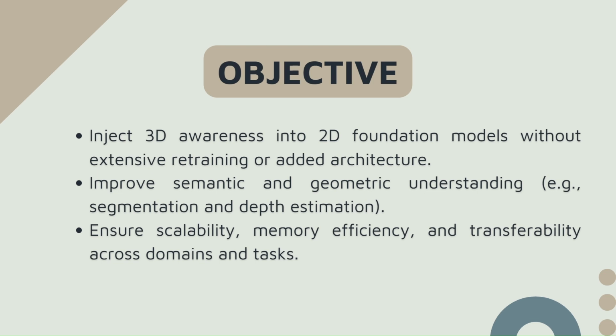Second is improving performance on spatial tasks like semantic segmentation and depth estimation, so the objective is to enhance both of them using 3D aware signals. Third, ensure scalability and transferability. The method should work across different tasks, models, and domains without needing a different type for each setup. It should be memory efficient and scalable to real world use.